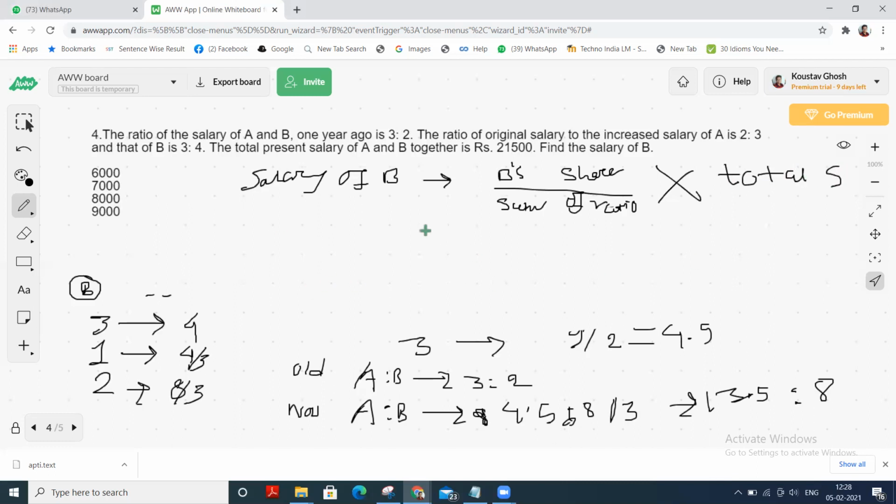Okay. So what is B's share? That is 8. What is the sum of 8 plus 13.5? That is 21.5. What is the total salary? That is 21,500.